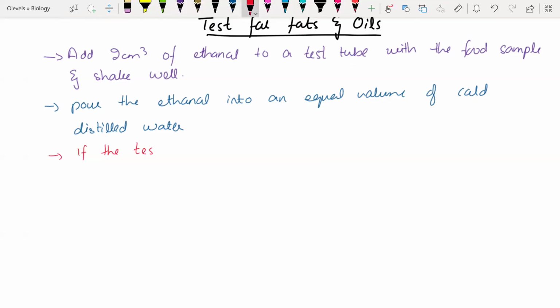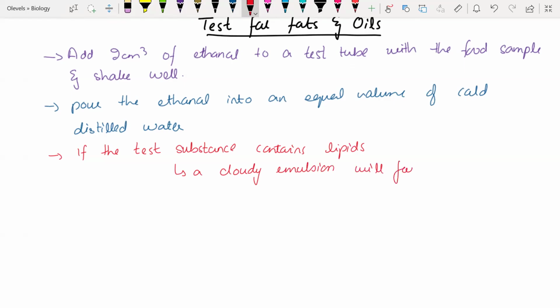Yes, very good. If the test substance contains lipids, you're going to see a cloudy emulsion form, and that indicates the presence of lipids.